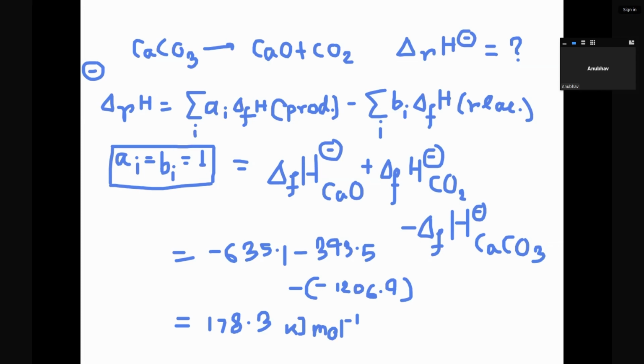For this reaction, heat is not generated or evolved from the reaction mixture. Rather, we have to put some heat externally so that it happens, because delta rH is greater than 0. So it is an endothermic reaction, and for an endothermic reaction we have to put in some heat to initiate the reaction.